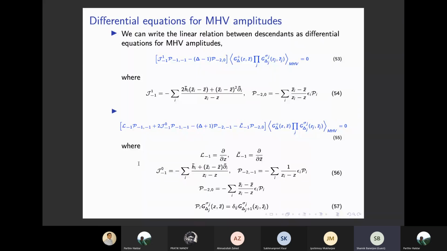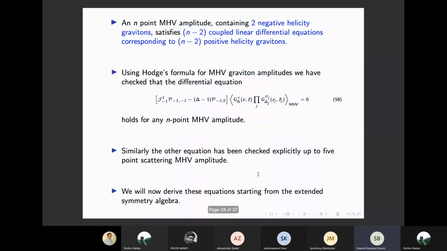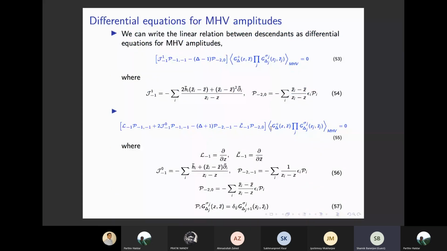These things were not known actually, and just by looking at the amplitude, you can't basically say that this complicated equation will hold. So this is one of the uses of these asymptotic symmetries in solving for the scattering amplitudes. Now the thing is, how many equations are there?